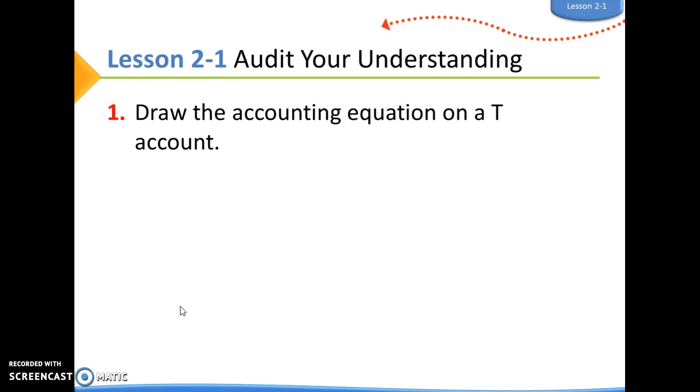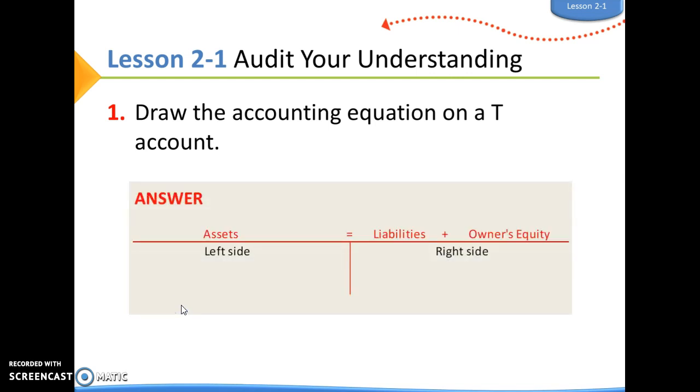Because this is where assets are on one side, liabilities and owner's equity are on the other side. Then I want you to put under that, add left side, right side.